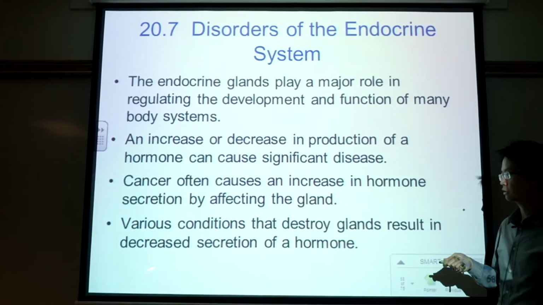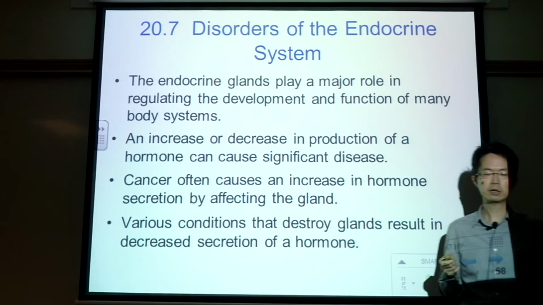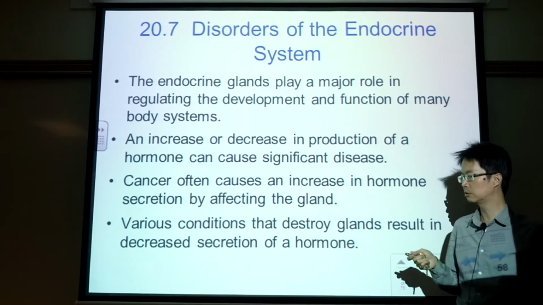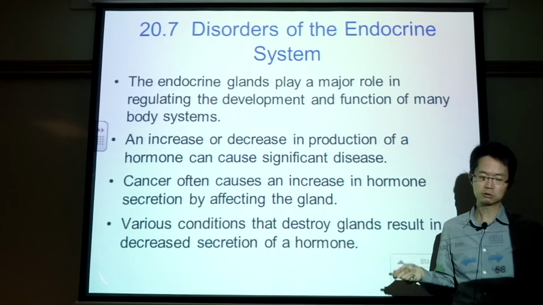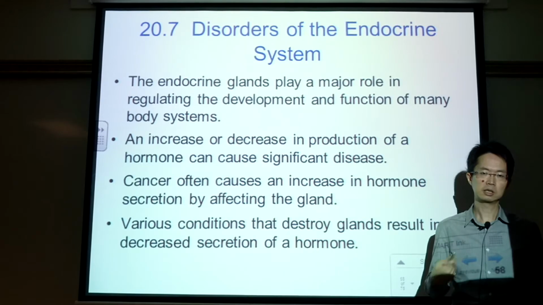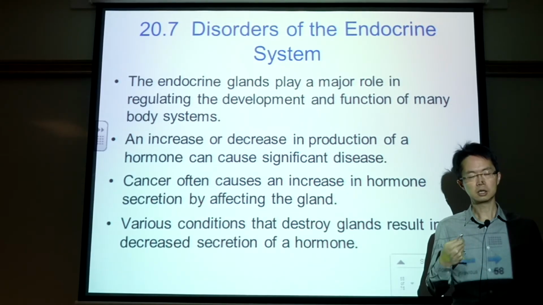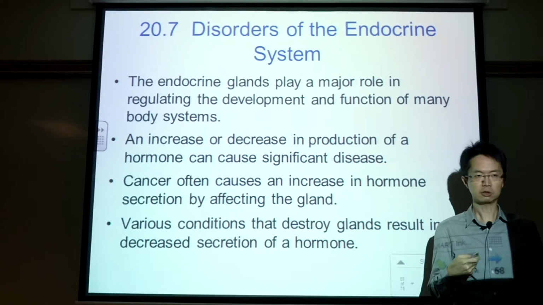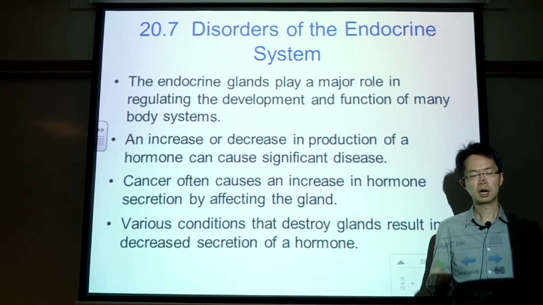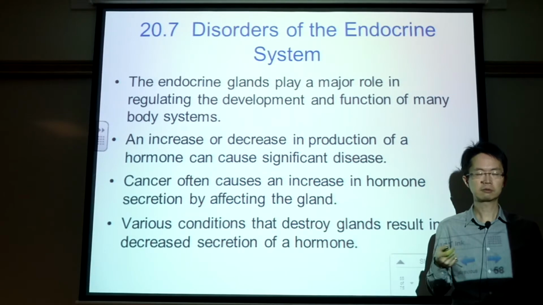On the other hand, destroying or damaging those endocrine glands will decrease the production of the hormone. So remember, these two are the general rule in the endocrine system and also in the nervous system. If you have a tumor or cancer growing in a certain part of the brain, it will stimulate that part of the brain. If you have a stroke, that means not enough blood supply to a certain part of the brain, causing the death of certain neurons in that part of the brain, it will decrease the function of that part of the brain.